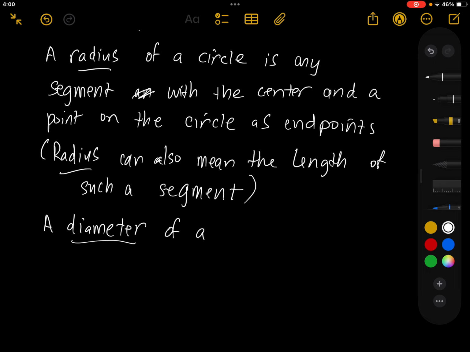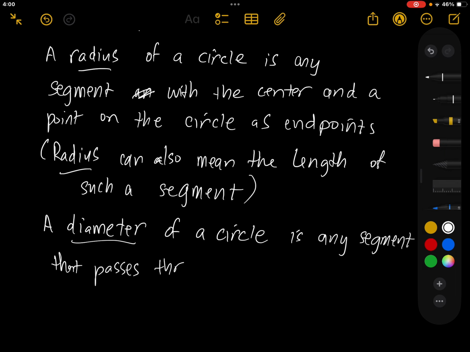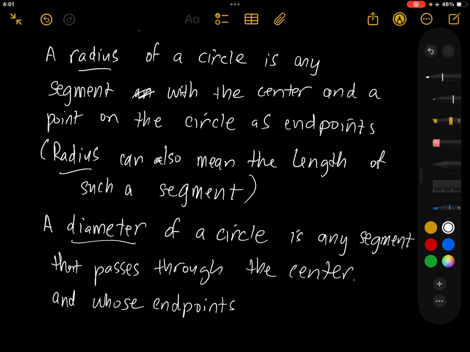A diameter of a circle is any segment that passes through the center of the circle and whose endpoints are points of the circle.